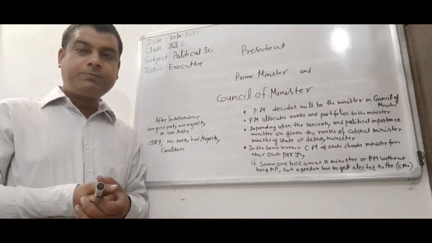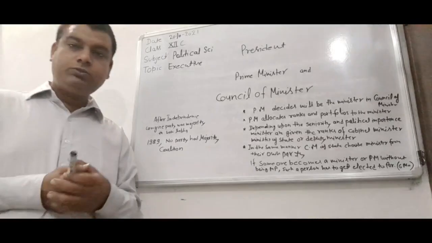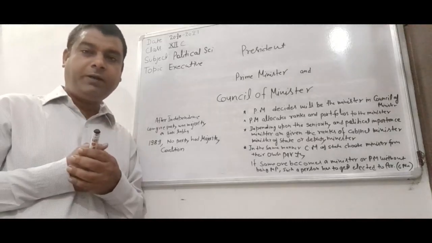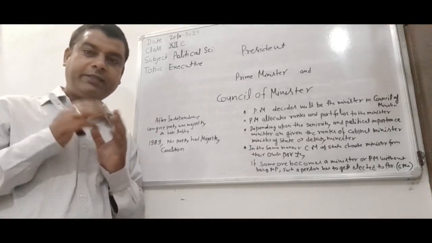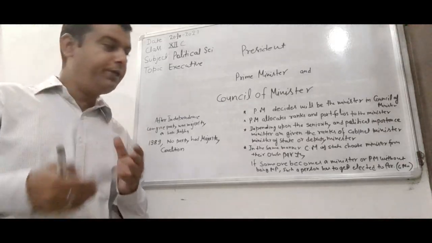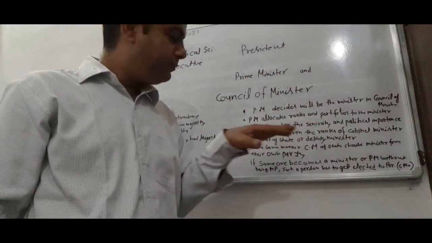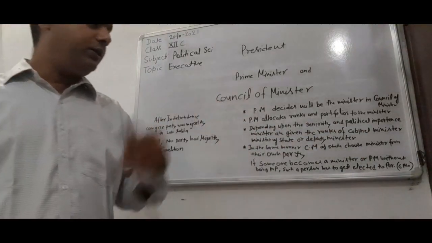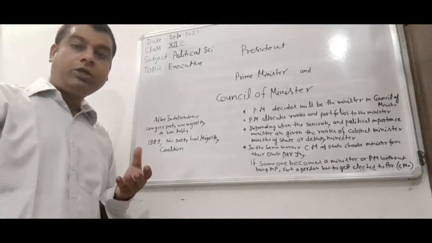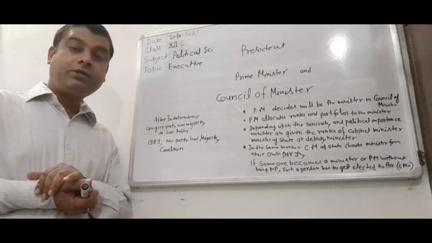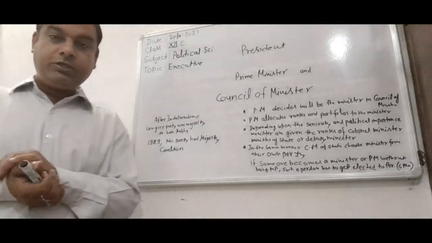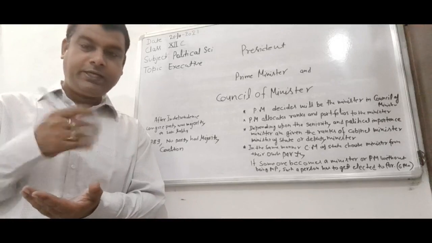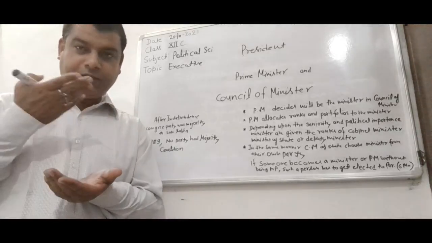And this Prime Minister chooses different persons from their own party and makes them cabinet ministers, ministers of state and deputy ministers according to their seniority and political importance.